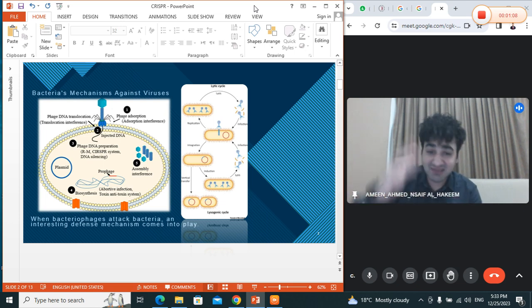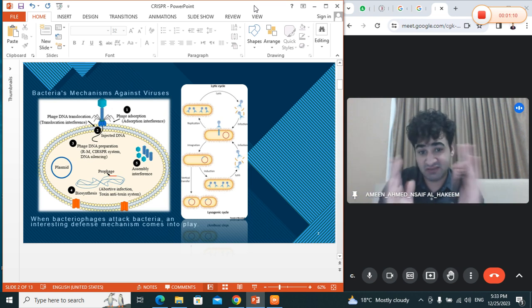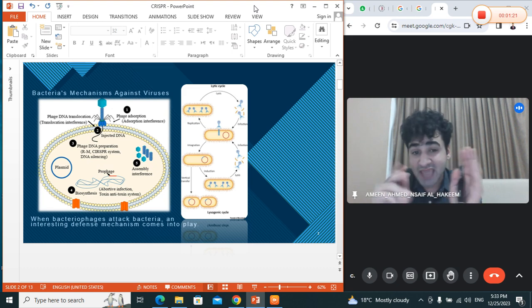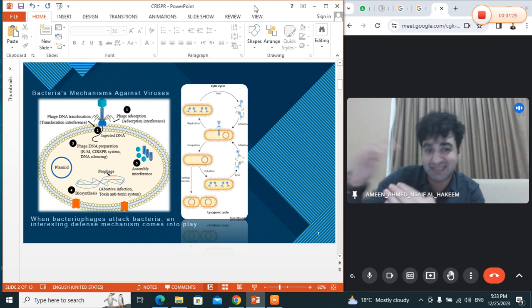So we can see here inside the viral DNA of the CRISPR in its own genome, it's the first step. If the same virus attacks the bacteria again, we can use these snippets as templates to produce the RNA molecules that guide the Cas proteins to target and destroy the viral DNA.